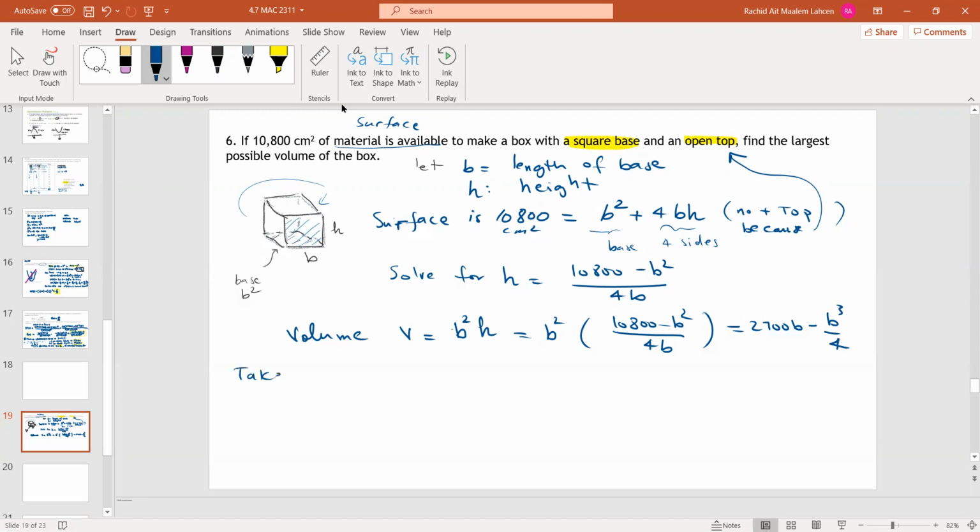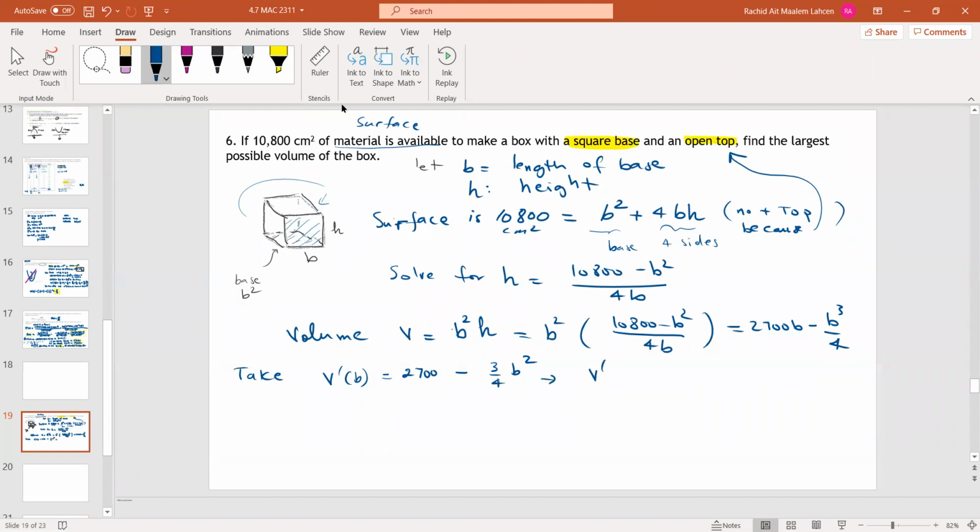Now take the derivative, which is in terms of B, of course. It is 2,700 minus 3/4 B squared.